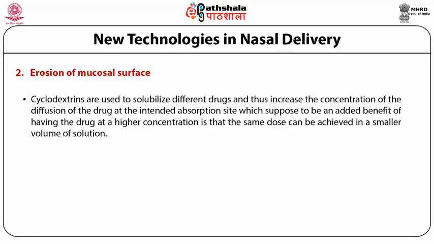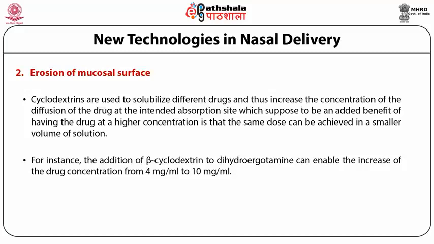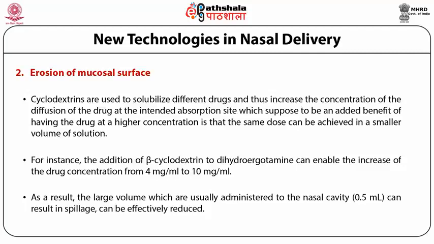For example, the addition of beta-cyclodextrin to dihydroergotamine can increase the drug concentration from 4 mg per ml to 10 mg per ml. As a result, the large volumes usually administered to the nasal cavity, which can result in spillage, can be effectively reduced.